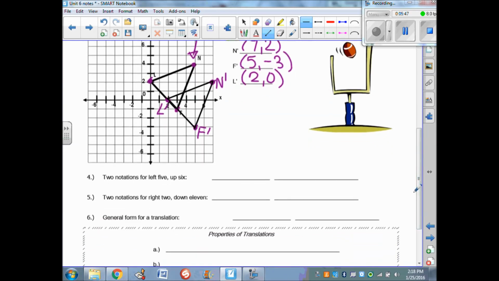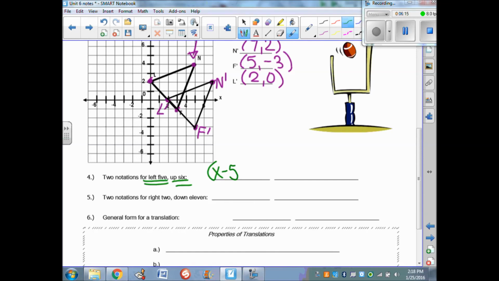Okay. So it says 2 notations for left 5 and up 6. Now we have to talk about what the notation could look like. My directions are left 5 and up 6. If we're going left, that means we're taking our x value and subtracting 5. Left is subtracting.